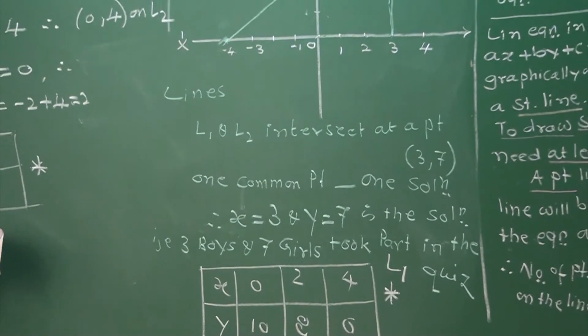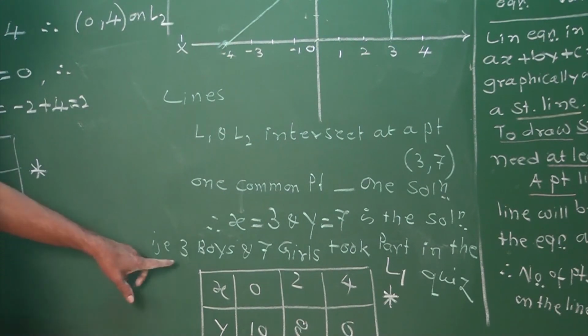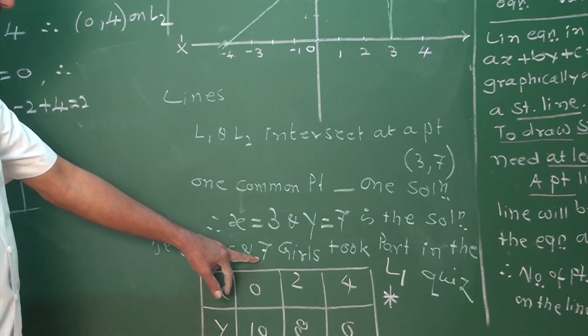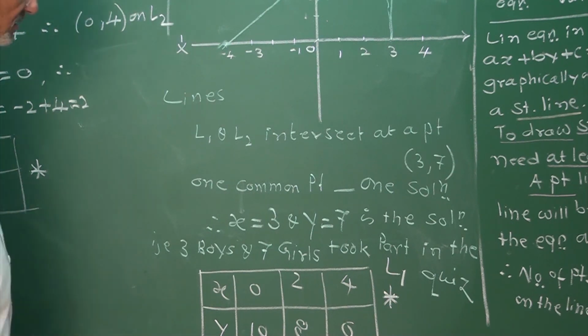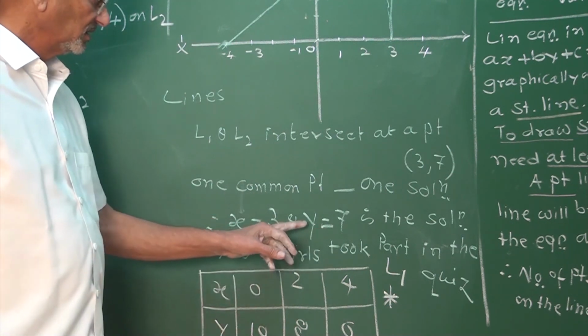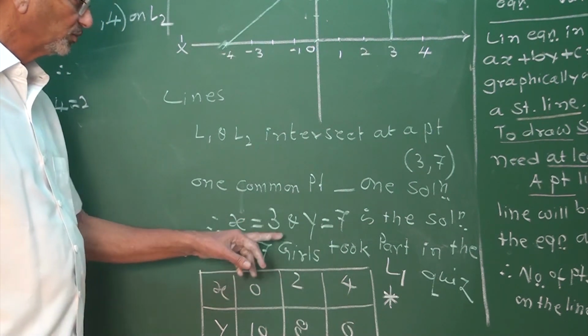Therefore, my friends, the number of boys is 3 and the number of girls is 7. 3 plus 7 is 10, so there are 10 students. And the number of girls is 4 more than the boys. 3 plus 4 is 7.